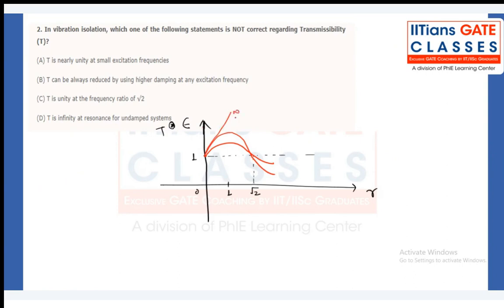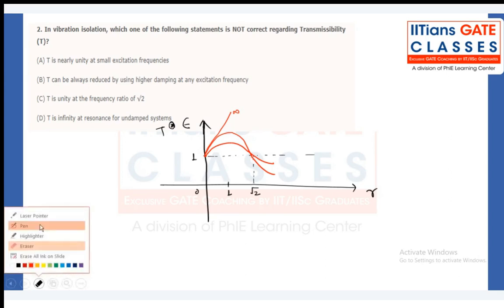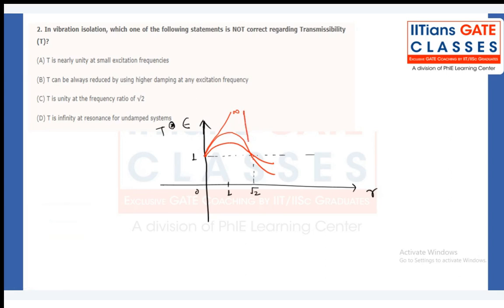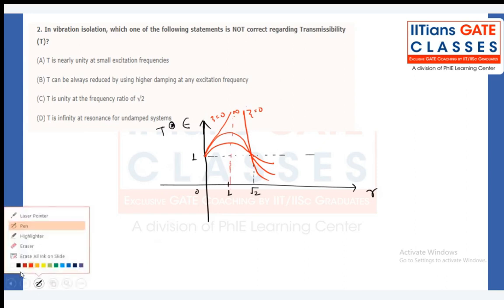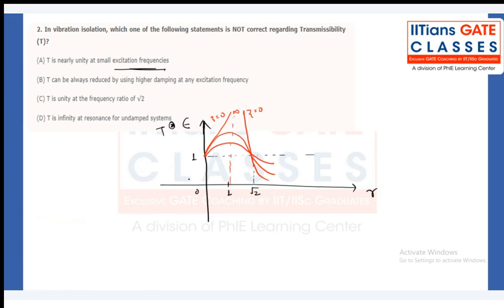And this value is infinity. Zeta is equal to 0. A rough diagram I have plotted here. T is nearly unity at a small excitation frequency. That means when omega by omega n is very, very low, T is equal to 1. Correct statement.